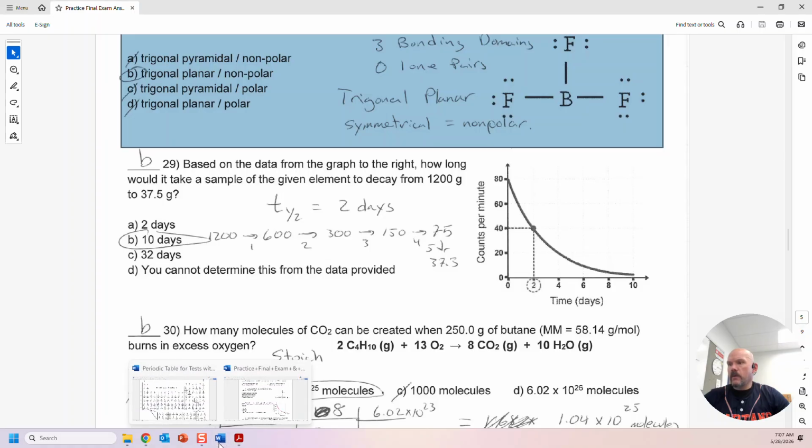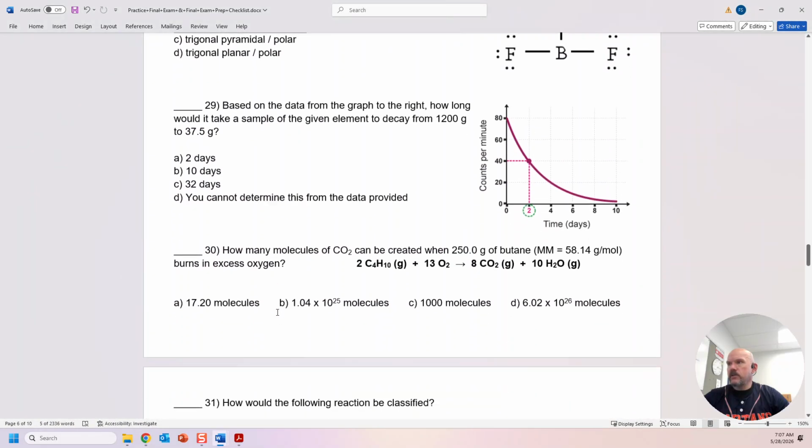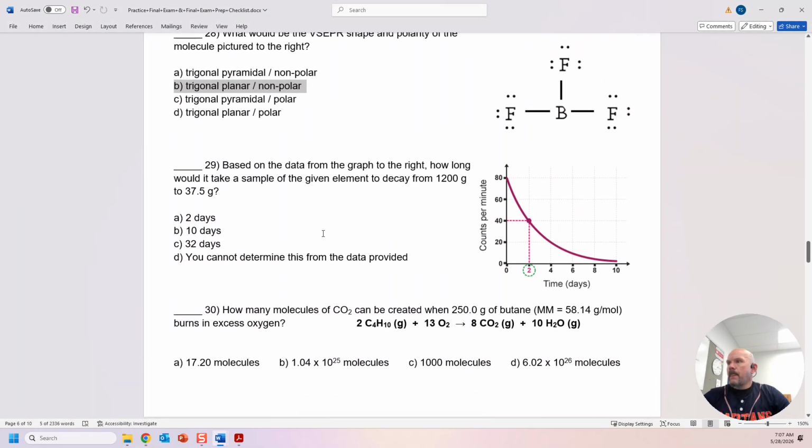All right, so number 29, it looks like we got a half-life question. So they give us a nuclear decay chart, and I guess we could figure out the half-life here. So to go from 80 to 40, it took 2 days, so the half-life is 2 days, so it cuts in half every 2 days. So basically, we want to know how long it's going to take to go from 1,200 grams to 37.5 grams.